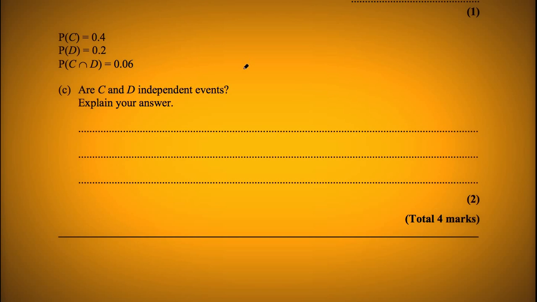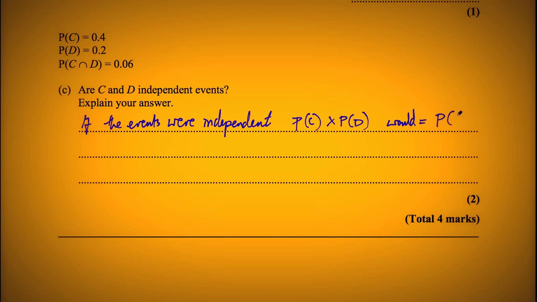Well, if events are independent, then the probability of each of them happening has to be multiplied together to achieve the intersection of C and D. So for this, I would have to show that if the events were independent, probability of C times the probability of D would equal probability of C intersection D. But 0.4 times 0.2 equals 0.08, which is not equal to 0.06.